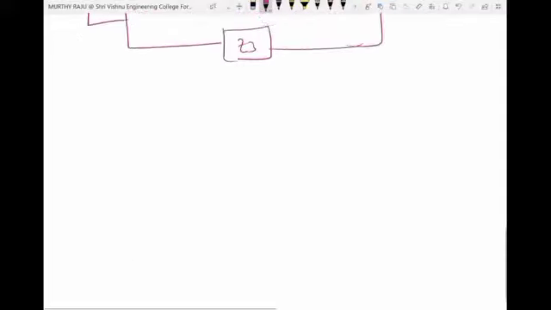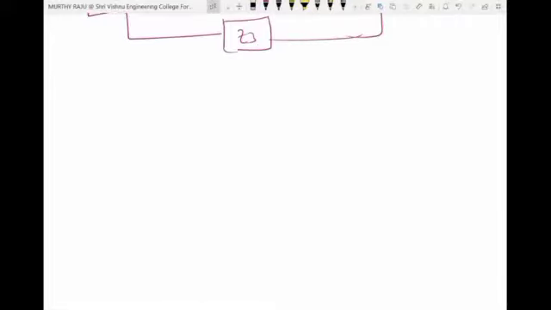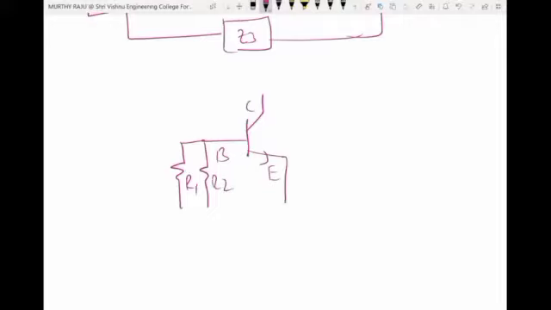Next, further simplified circuit diagram is this one. This one is the base, this one is the collector, this one is the emitter. Here R1 is connected between base and ground, R2 is connected between base and ground.